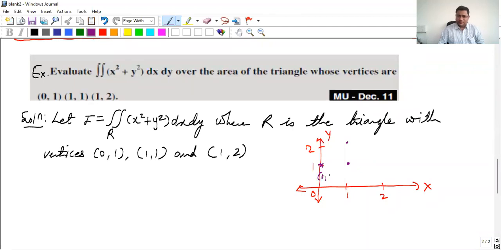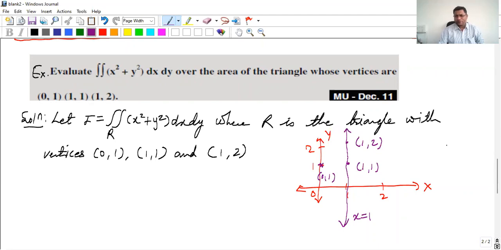This is (0, 1). This is (1, 1), and this is (1, 2). Is that okay? Are you getting this? Yes, sir. Okay. So if I draw the line passing through these 2 points, then it is the line x is equal to 1.